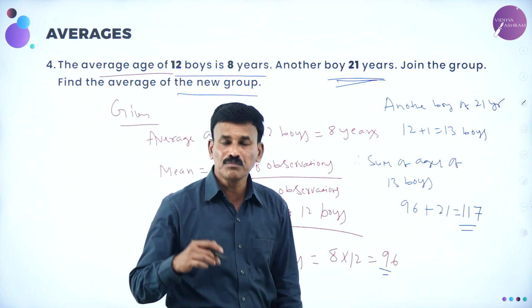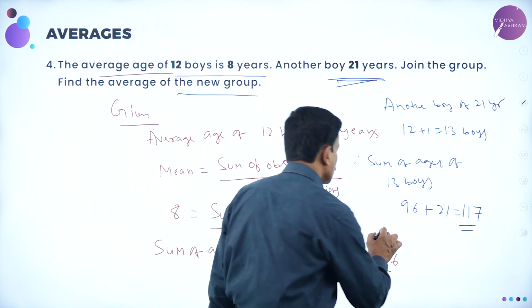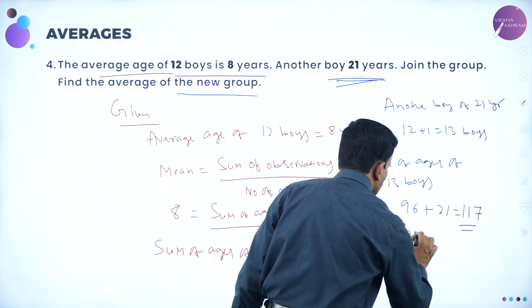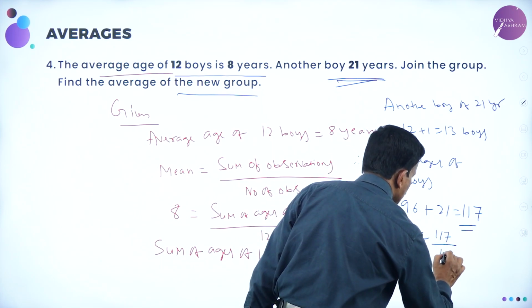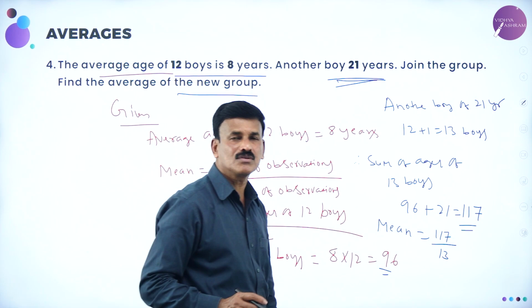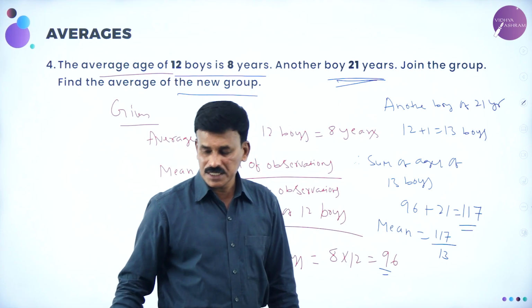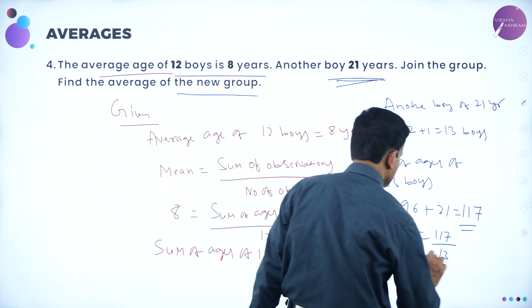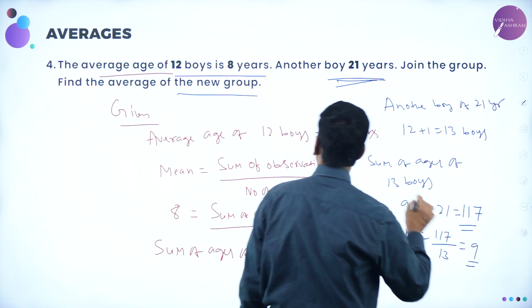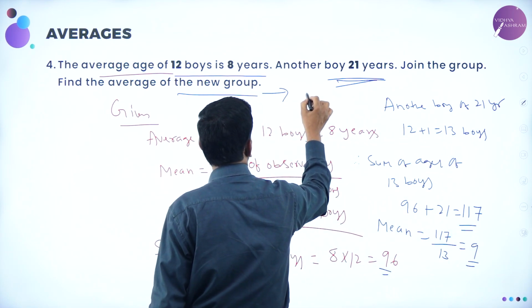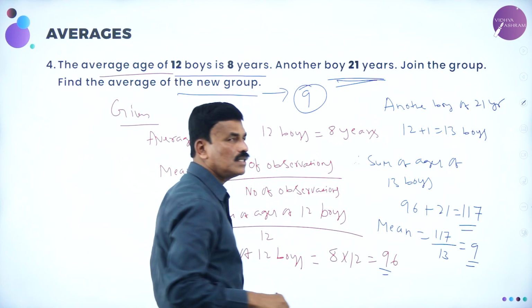So therefore the mean of the new group is 117 divided by 13. 117 divided by 13 is equal to 9. So 9 is the mean of the new group.